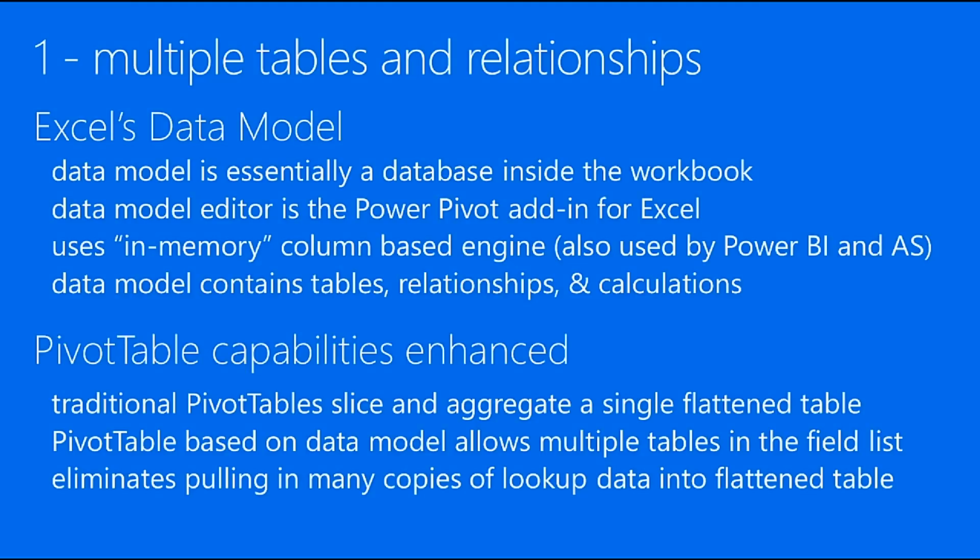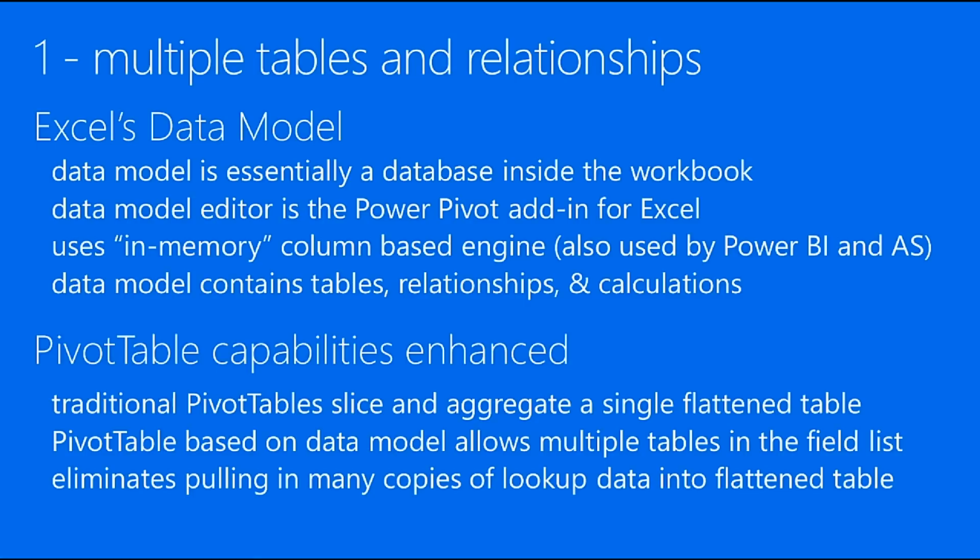And this data model contains basically tables of data, relationships between the tables, and various calculations. This enables some new things that you can do in Excel pivot tables that you couldn't do before. Traditional pivot tables, before the data model, required you to have a single large flattened table.